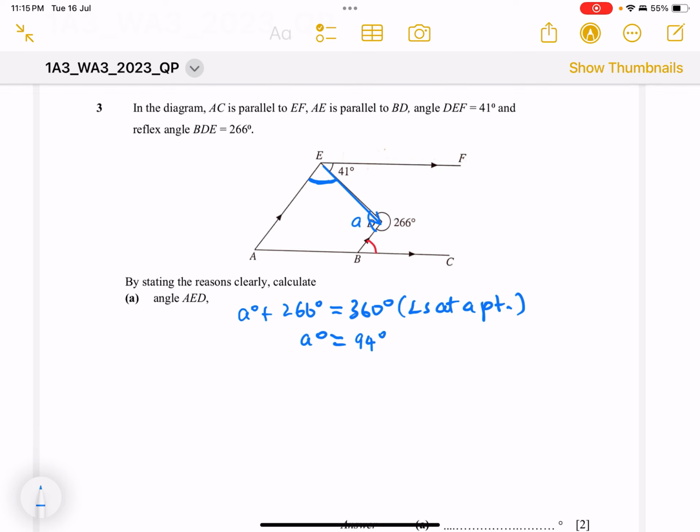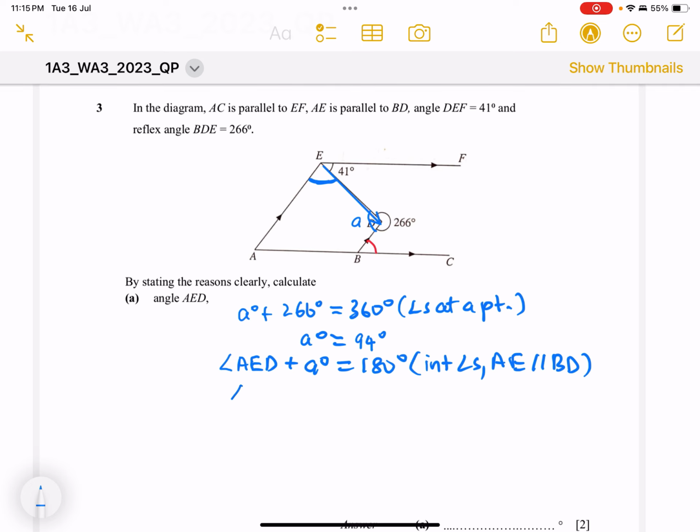And now we can find angle AED, which combines with A to give us 180, and this is interior angles. And we have the parallel lines AE parallel to BD.